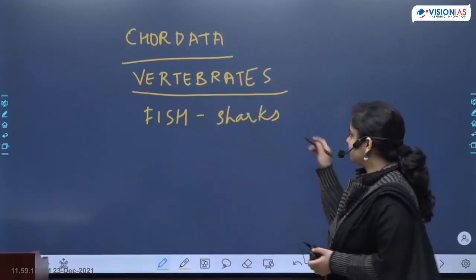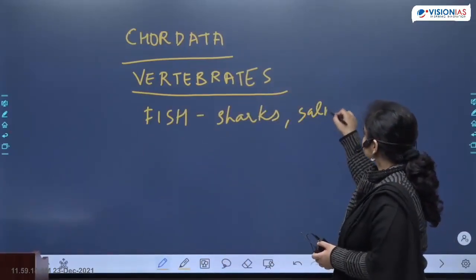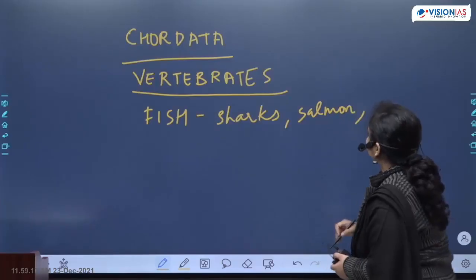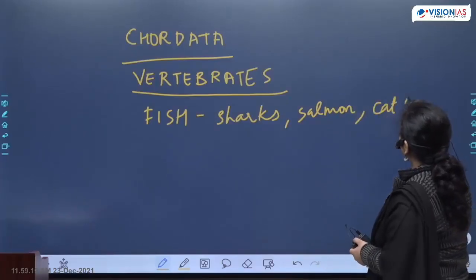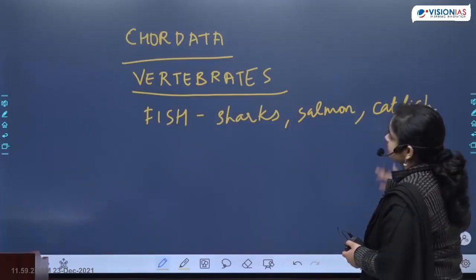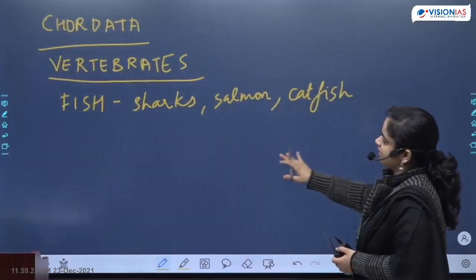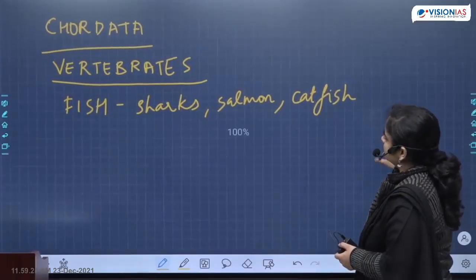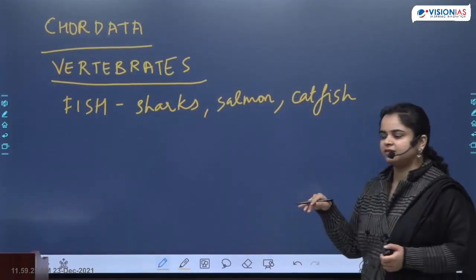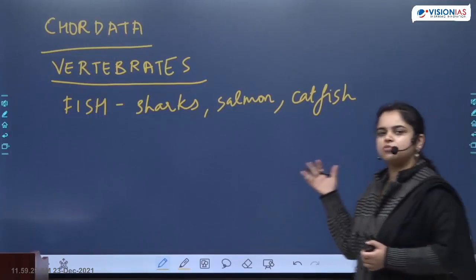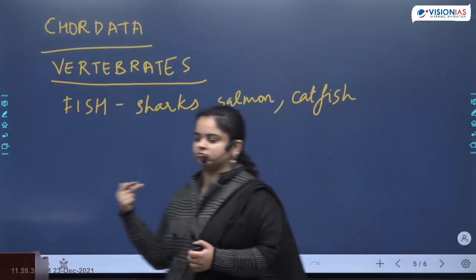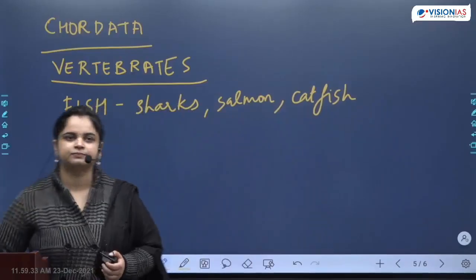You can add any of that. Salmon, or things which stay in news like catfish. This is an invasive species, African catfish, always in news.